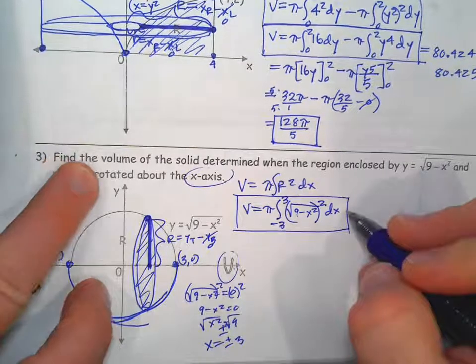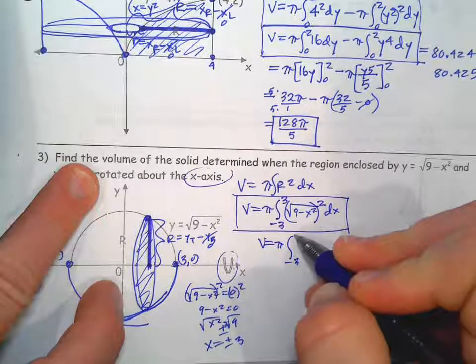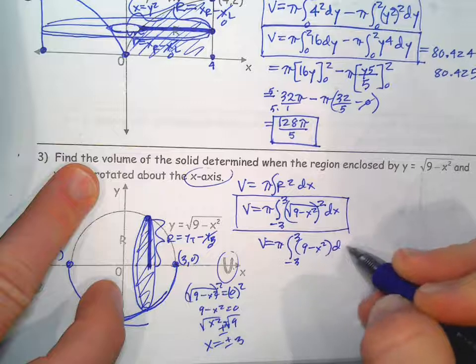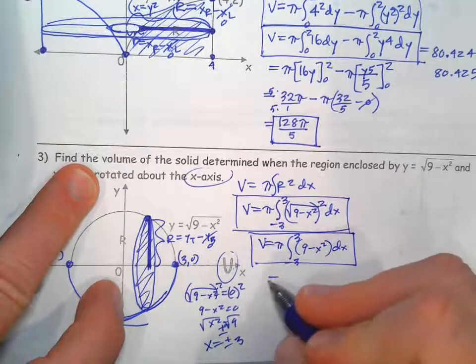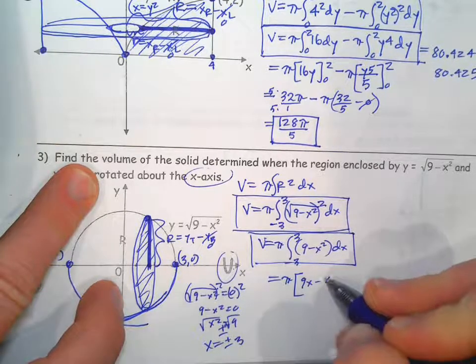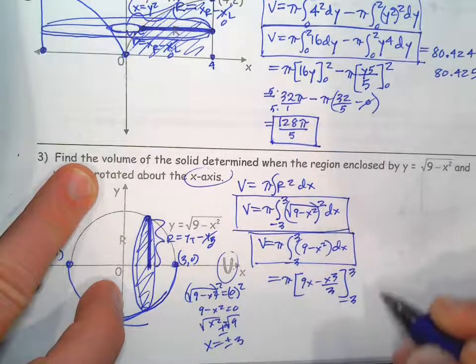We could easily simplify it a little bit for calculator, and especially by hand. Just going to be 9 minus x squared. Still need the parentheses. So that's a little better. If we're going to integrate it, antiderivative of 9 is 9x minus x cubed over 3, negative 3 to 3.